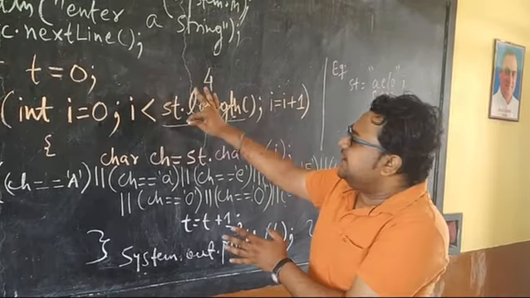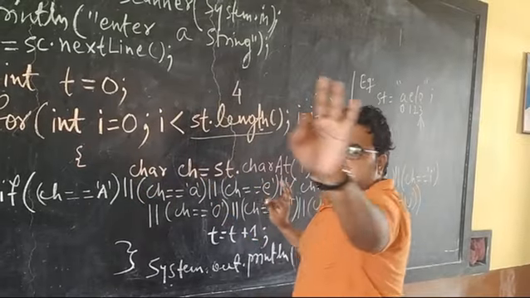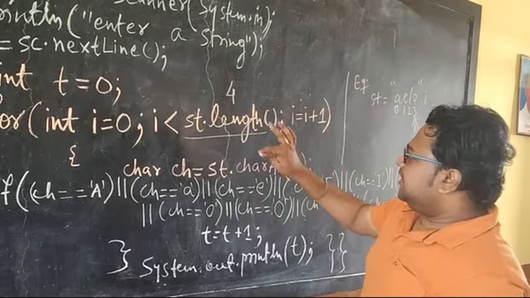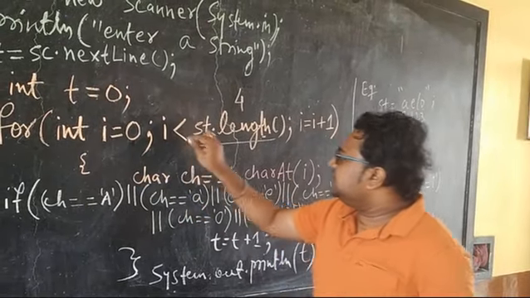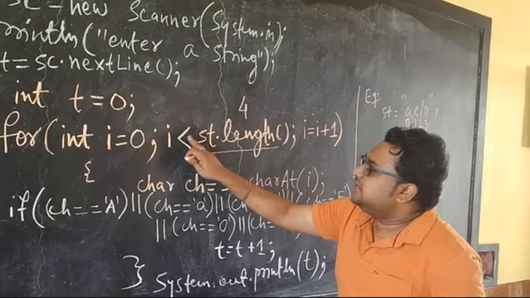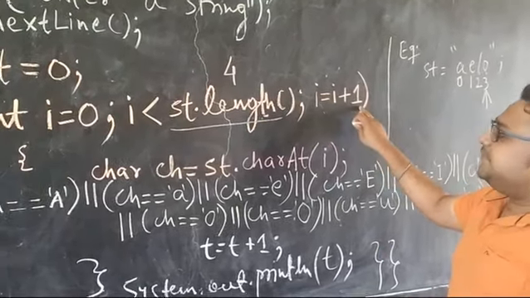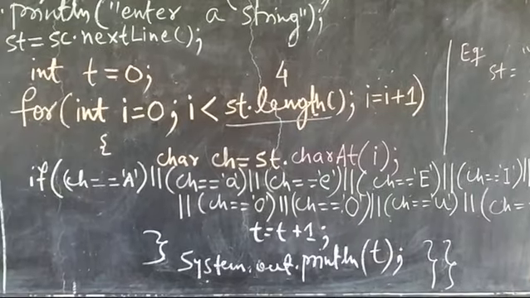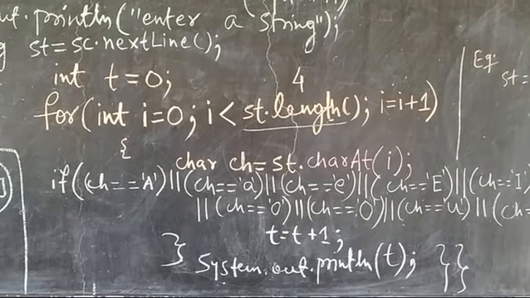This for loop alone carries 3 marks, so you have to understand this for loop nicely. Index number starts from 0 and works till less than whatever the length is. That's why the equals sign is not given by me. The next is i = i + 1, meaning the index number increases by +1, +1, +1.